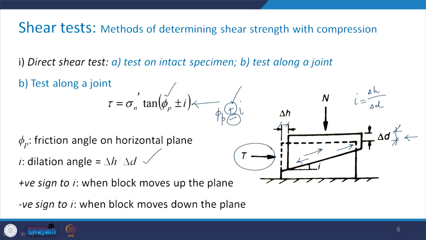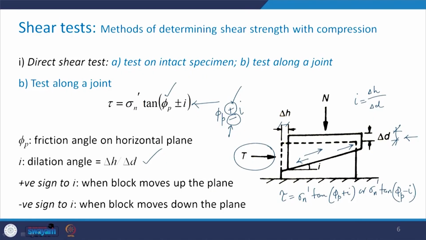In that case, when the block moves down the plane, you have to take negative sign to I. So, based upon the direction in which the block is moving or in which the shear force is being applied, accordingly this tau will be either sigma n prime tan of phi p plus I, or it will be sigma n prime tan of phi p minus I.